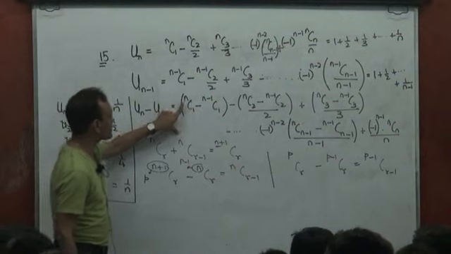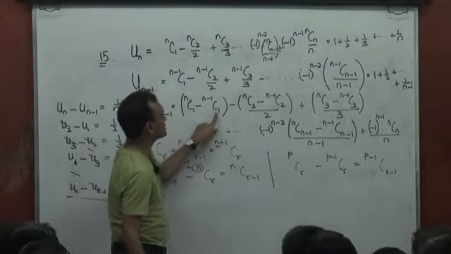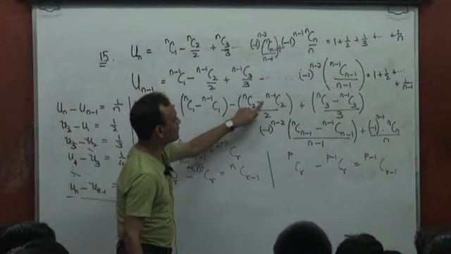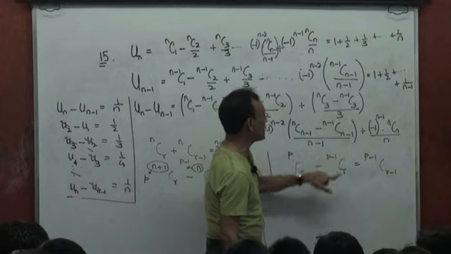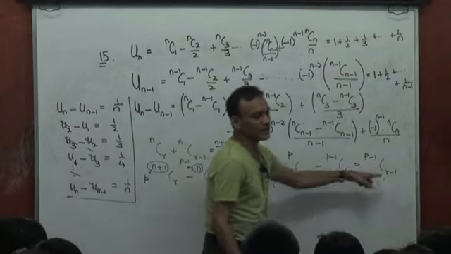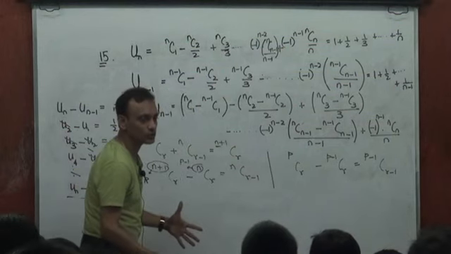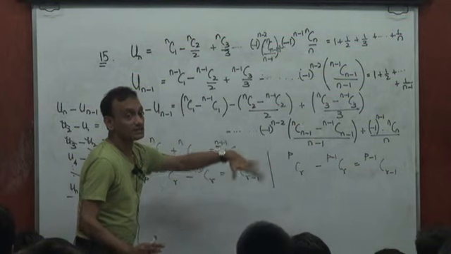See, all of these are of the same form: pCr minus p minus 1 Cr, pCr minus p minus 1 Cr, pCr minus p minus 1 Cr. So each of them would be of the form p minus 1 C r minus 1. Yes or no? Right? Now with each of these, see what you can do.